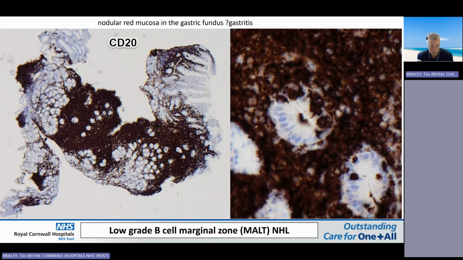In fact, the BSG tells us that even if we can't find H. pylori, I have to remind my clinical colleagues sometimes, even if we don't find H. pylori, they still have to eradicate it and give them eradication therapy in MALT lymphoma.